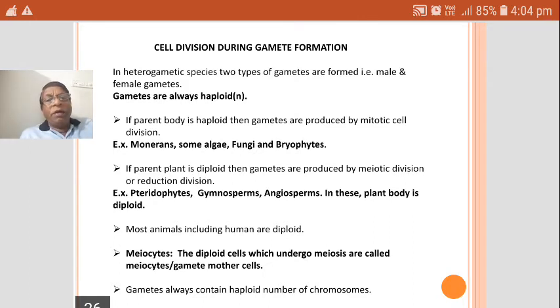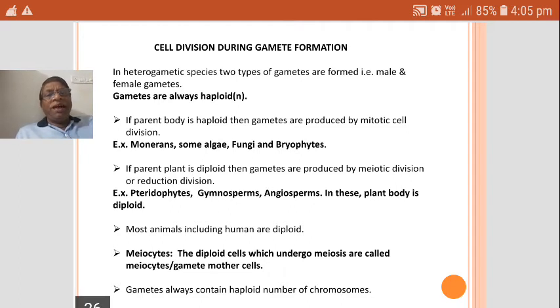In heterogametic species, two types of gametes are formed. That is, the male gamete and the female gamete. The male gamete we usually call sperm, or in lower organisms it is also called antherozoid.